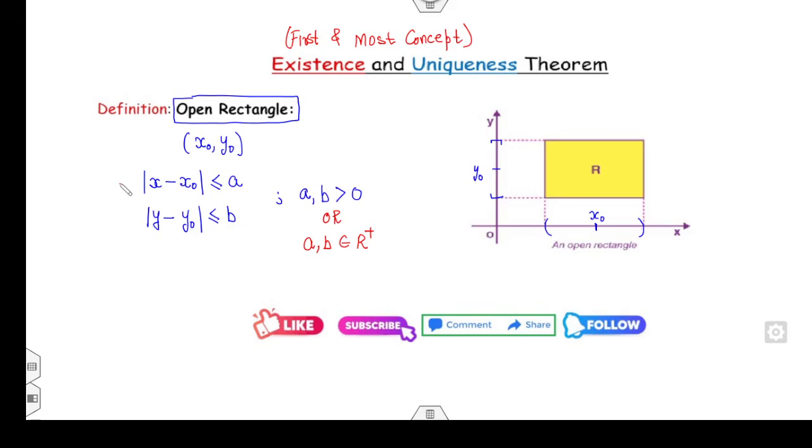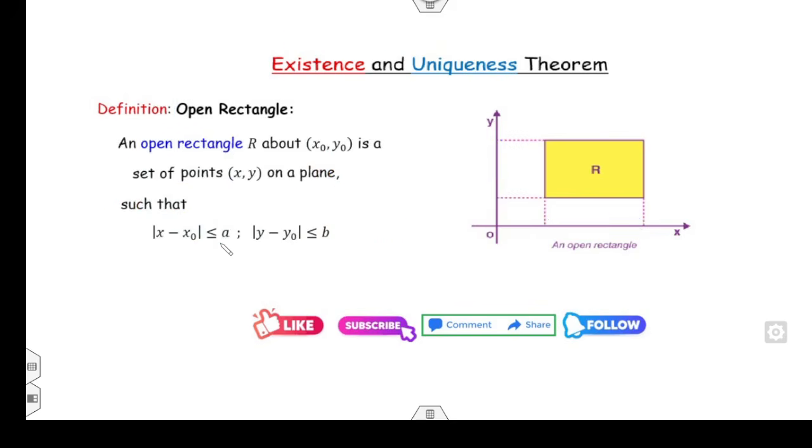Then you can say that if I consider this as my S, the collection of all those elements x comma y which satisfy this condition is known as the open rectangle. Any rectangle about the point x naught, y naught is the set of the points x comma y such that |x minus x naught| is less than a and |y minus y naught| is less than b.